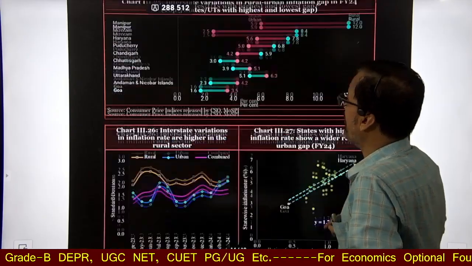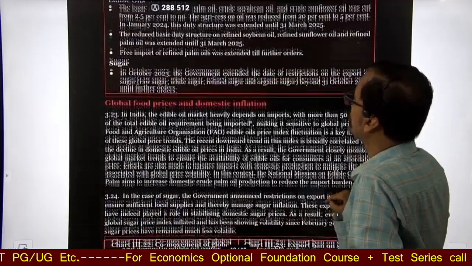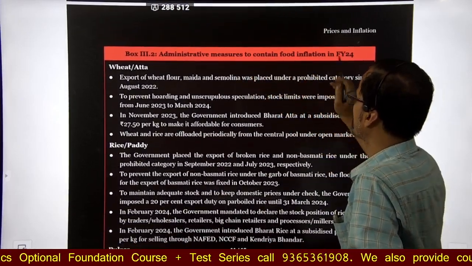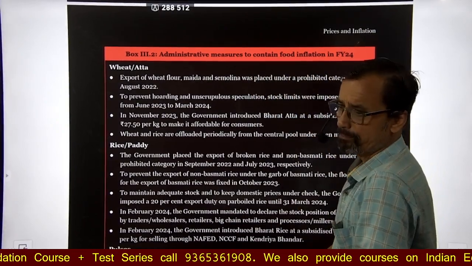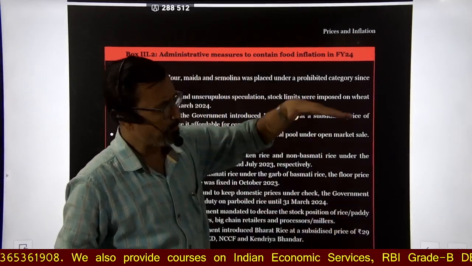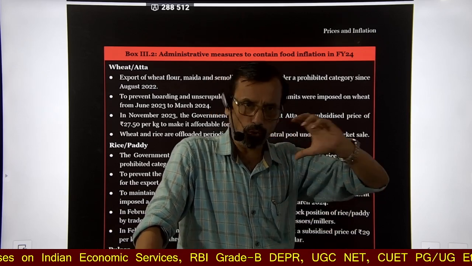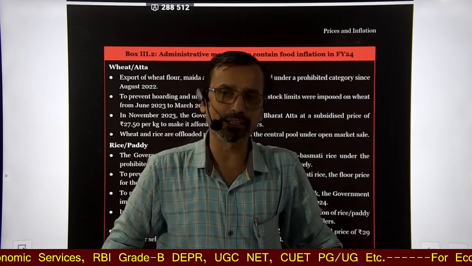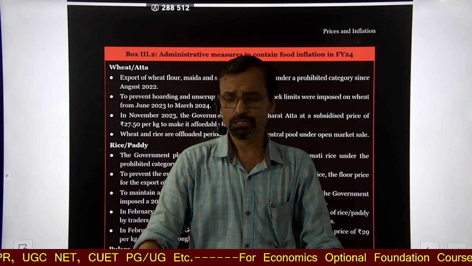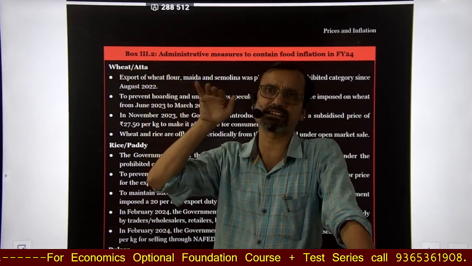And here some administrative measures are mentioned that the Government of India took to counter this high food inflation, administrative measures to contain food inflation. We need to mention one thing here: inflation occurring due to supply disruption cannot be controlled only by applying monetary measures as well as fiscal policy, because this price hike happened because of supply chain disruption.